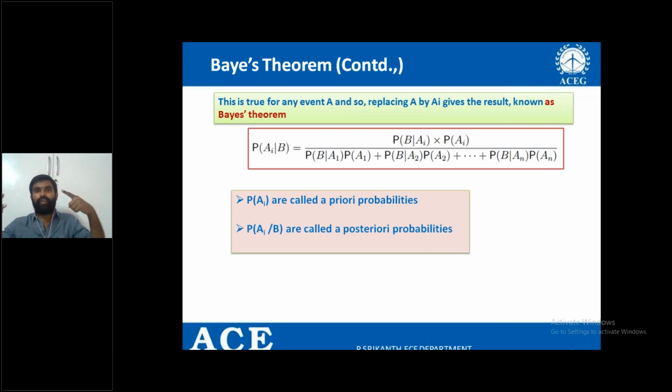But in the receiving section, the signal is received. After receiving the signal, if you find the conditional probability of the transmitter after it is received by the receiver, it is called a posteriori probability, right? So in the generalized statement, P of Ai are called a priori probabilities, P of Ai given B are called a posteriori probabilities.